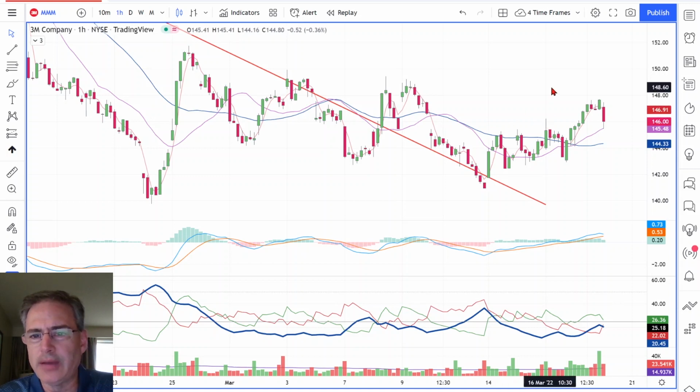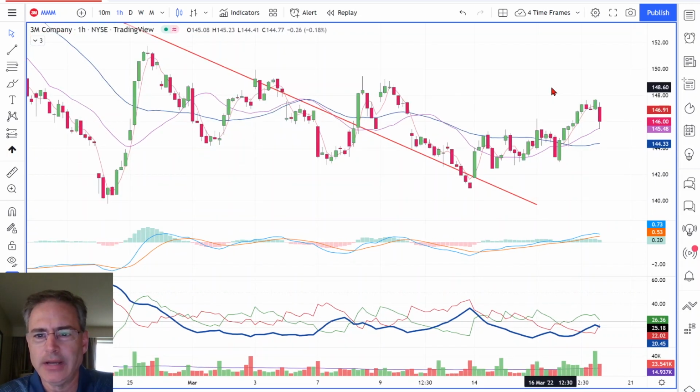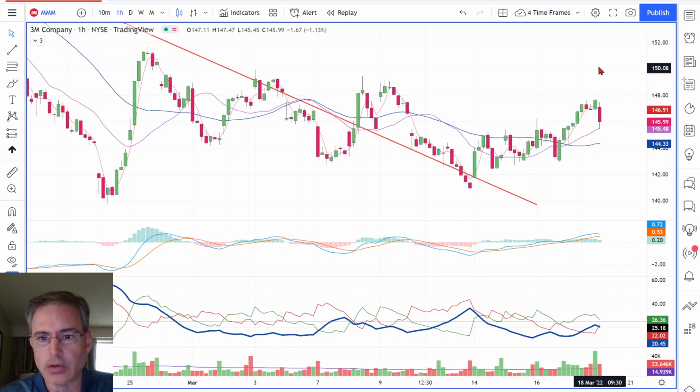I wanted to mention that because the reason why I like 3 to 1 is that you could have a win rate that's at like 35 or 40% and still make money. So you don't have to be as good at finding the best ones. If you have the 3 to 1 working in your favor, and you do that consistently, you can still make money with a pretty low win rate.